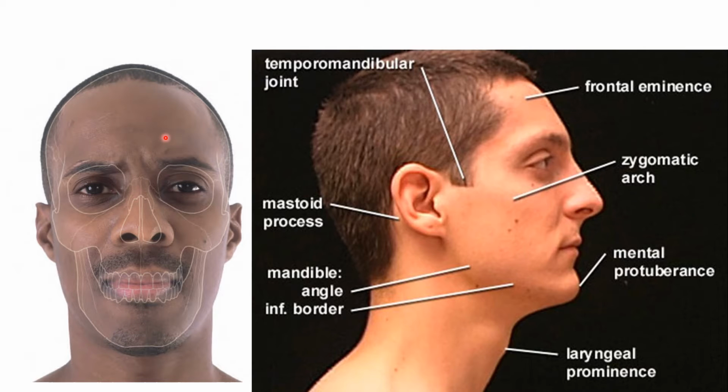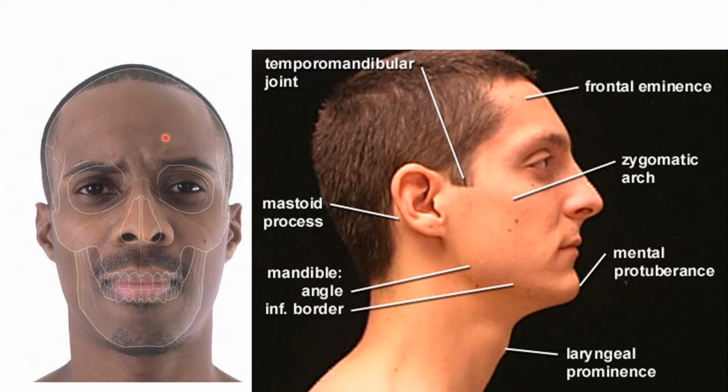This superficial fascia contains the muscles of facial expression. Now, a very distinct feature differentiating the face from other parts of the body is the absence of deep fascia in this region.